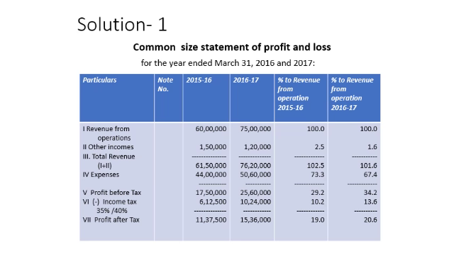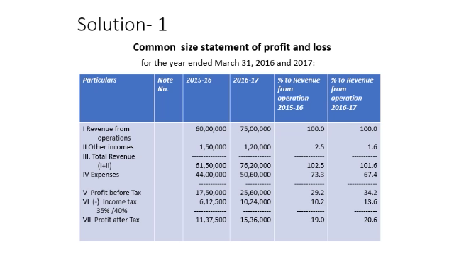Then 44 lakh divided by 60 lakh, the answer is 73.3. Then 17 lakh 50,000 divided by 60 lakh gives 29.2. Then 6 lakh 12,500 divided by the 60 lakh gives 10.2. And then 11 lakh 37,500 divided by the 60 lakh, the answer is 19.